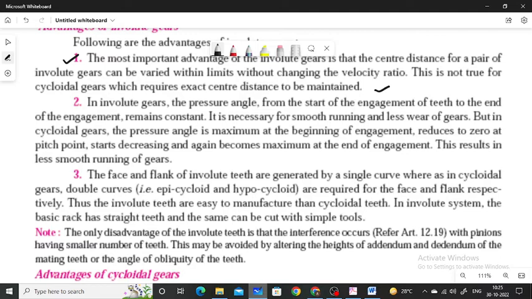Thus, the involute teeth are easy to manufacture. In the involute system, the basic rack has straight teeth and the same can be cut with simple tools. So this is the last advantage of the involute gears.